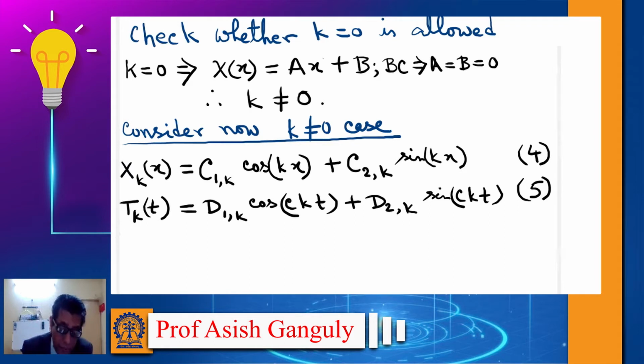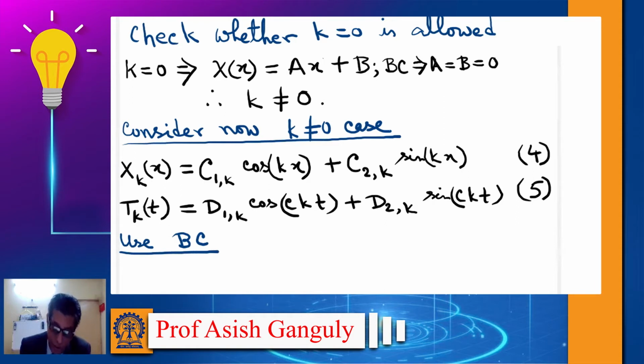Use BC, boundary condition. What we will get? If you put x equal to 0 on the right side of 4, essentially the second term will vanish and the first term will be constant.